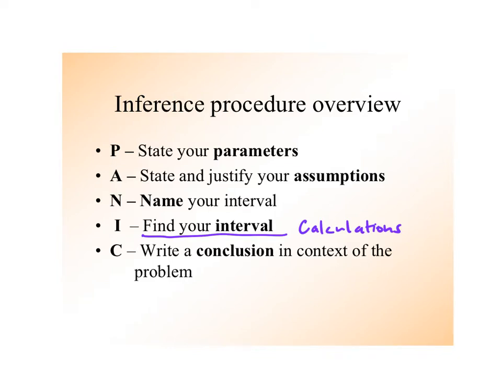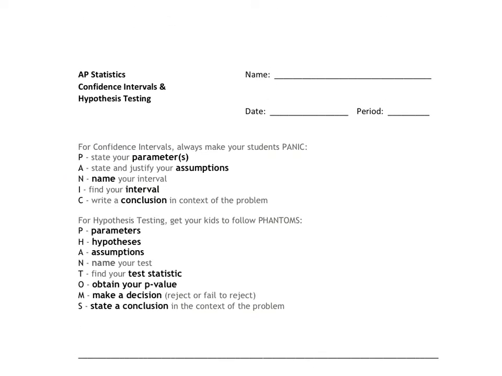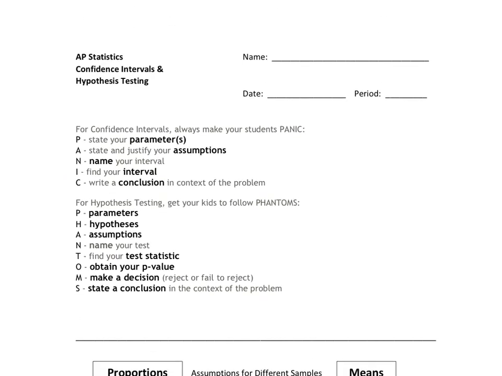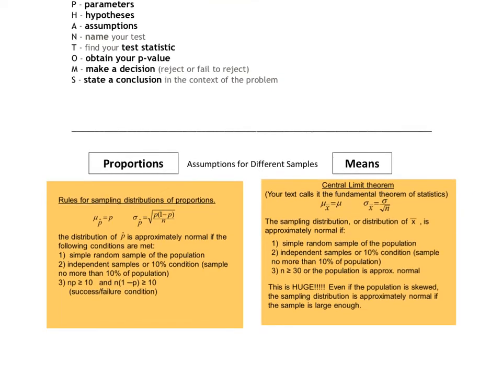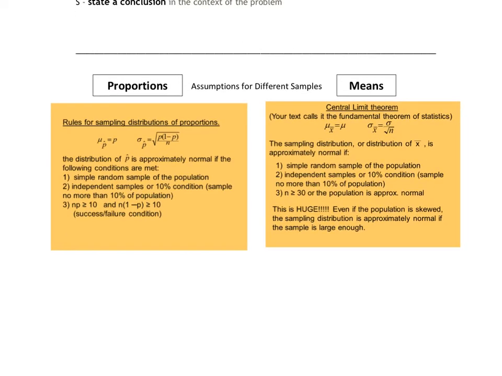And so if you look at the following file, I think I titled it acronyms for confidence intervals. But you'll see these two yellow boxes, and we're going to be looking at the assumptions for proportions.